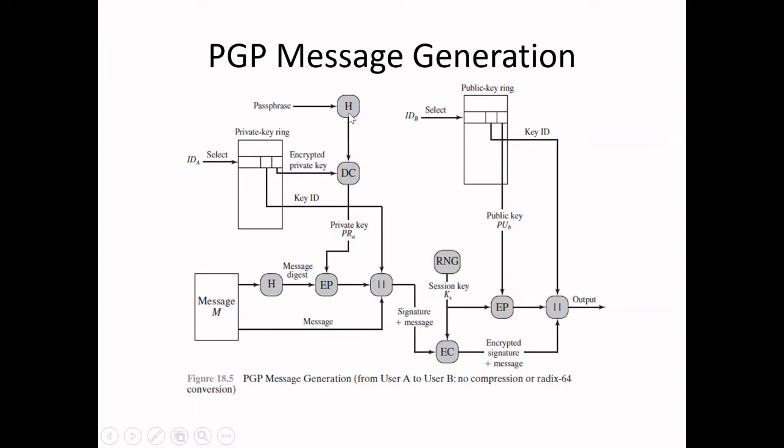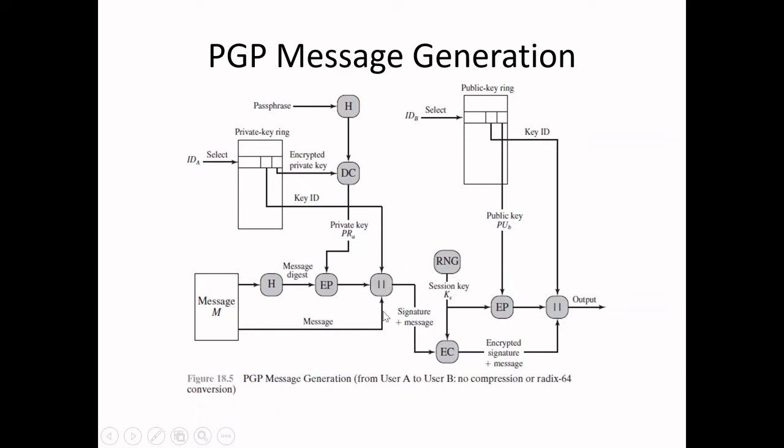So we use this hash value to decrypt the private key. This is a decryption process, and when the decryption is done, you finally get the private key of A. That is used to encrypt the hash code and generate the signature part.